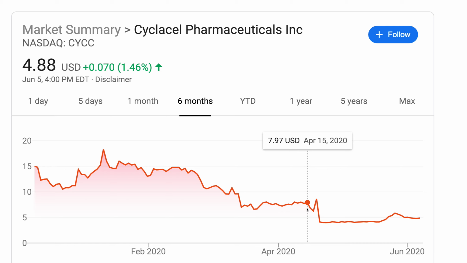So if you did a 1 for 20 reverse split, you got to figure it was only, what, at 40 cents, right? So it bleeds to 4.27, and this is what they always do.